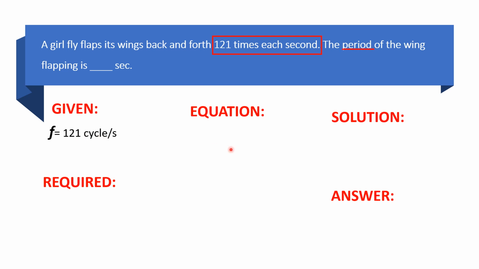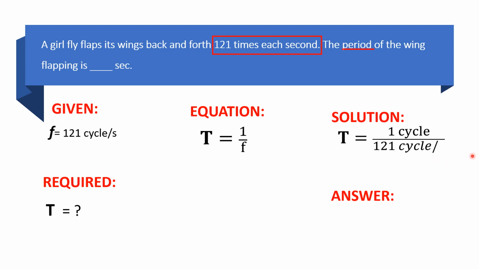So the required in this case is the period. So just put it here. T is equal to question mark. So again, the formula for period is T is equal to 1 over f. So that is the reciprocal of frequency. So the solution will be 1 over 121 cycles per second.